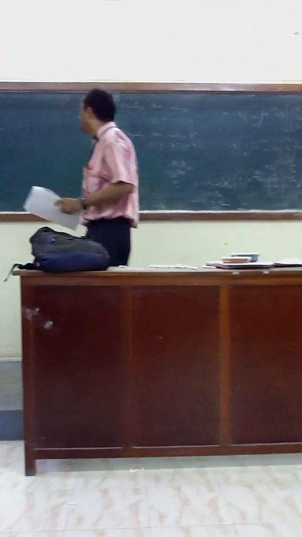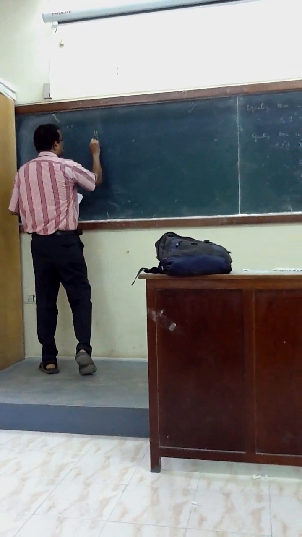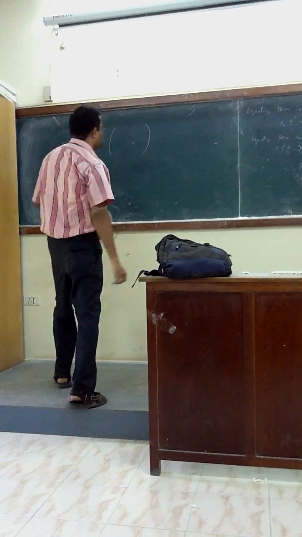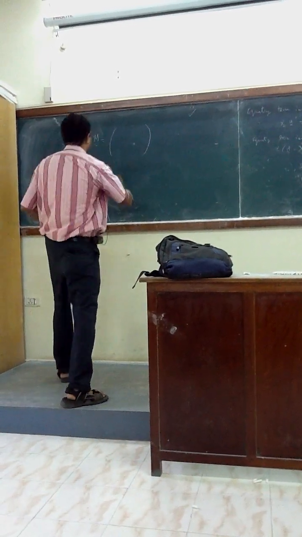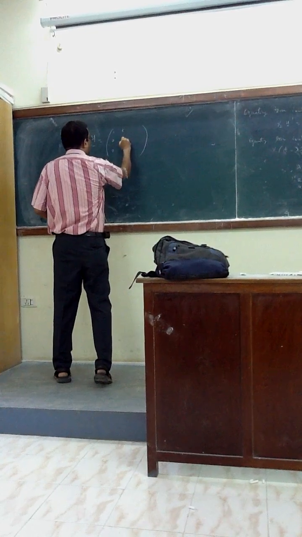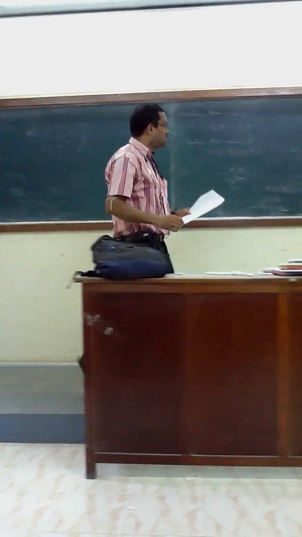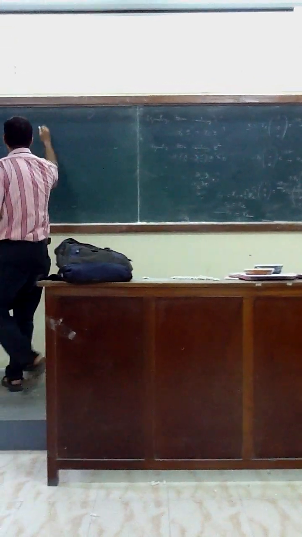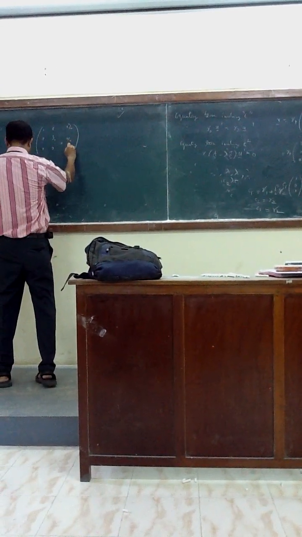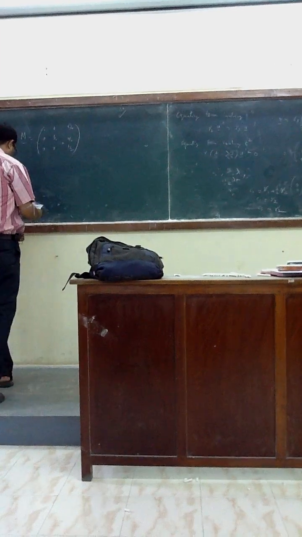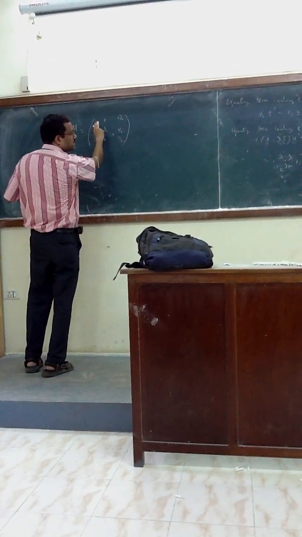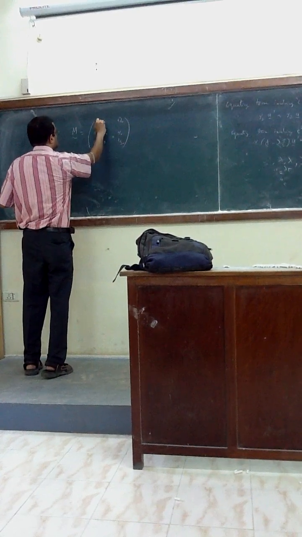The matrix is 1 0 0, t half 0, t square by 2, t by 2, 1 by 2. Of course, the exponential term should be there, which is e to the power minus 3t.